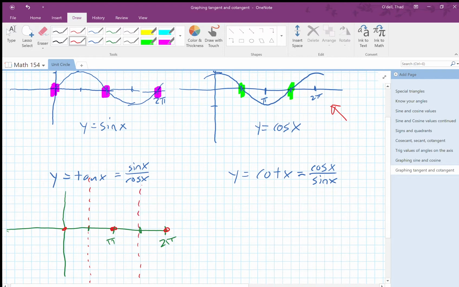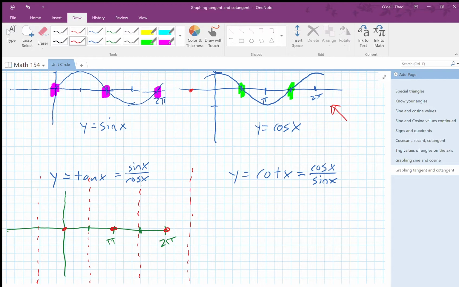And notice when we take cosine a little bit further, it also hits 0 out here at negative pi over 2. So we can throw an asymptote in there also. And if we kept the pattern going, there's going to be another asymptote out here at 5 pi over 2, etc. So we have a whole bunch of asymptotes for tangent.